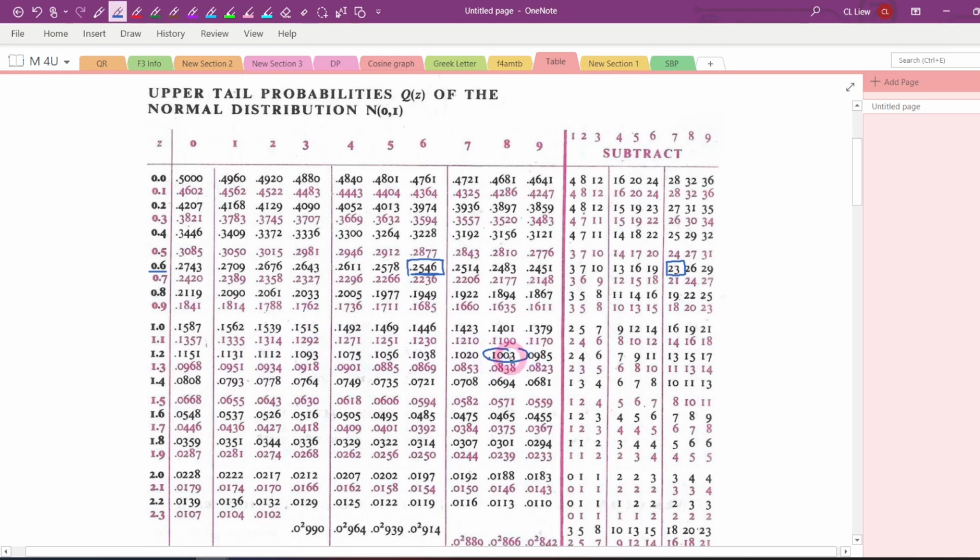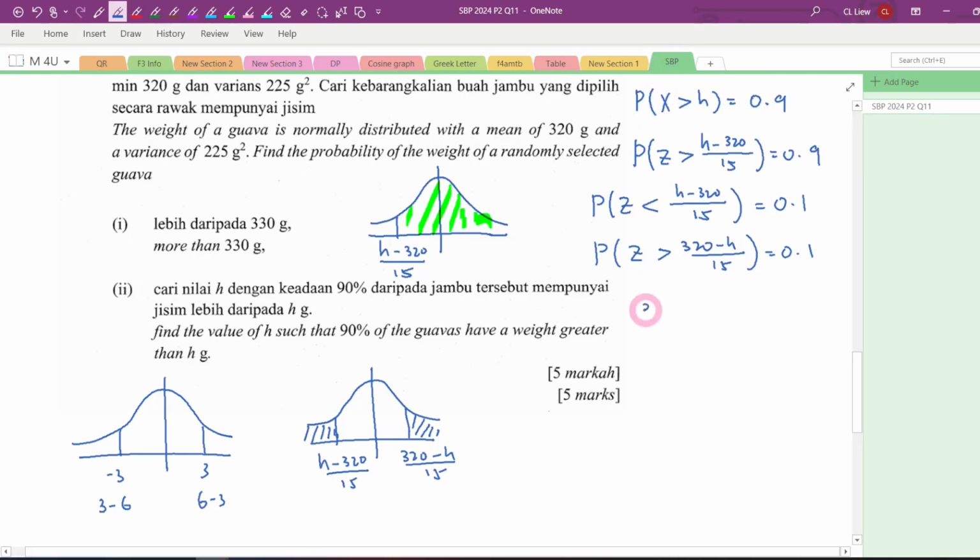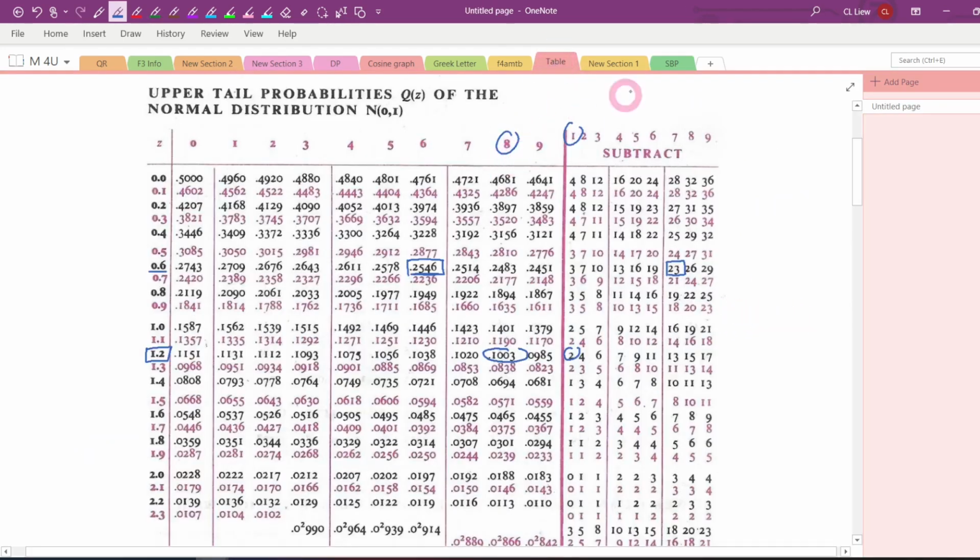I need 1.2, then I need to go 0.08, so I look for 1.281. Okay, so 320 minus h divided by 15 is equal to 1.281. Is it correct? 1.281, yes.